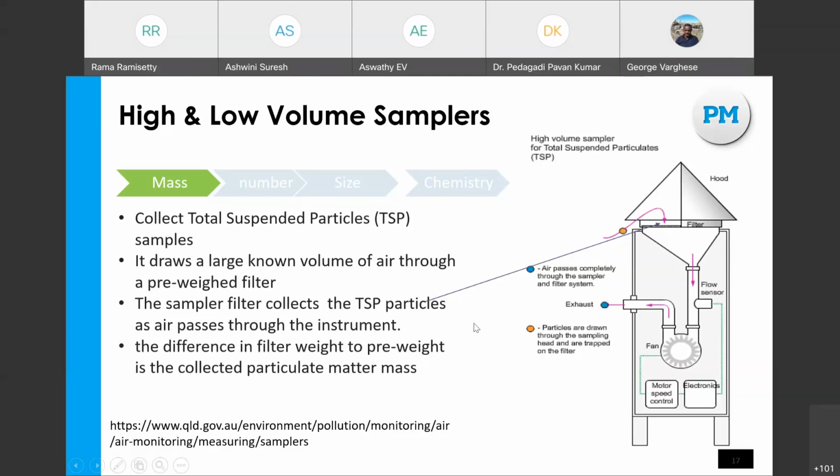Then we can see how much mass is loaded on it. This also does not take relative humidity and other parameters into account. There will be a lot of errors in these measurements as well.